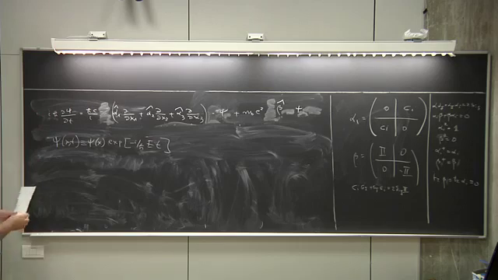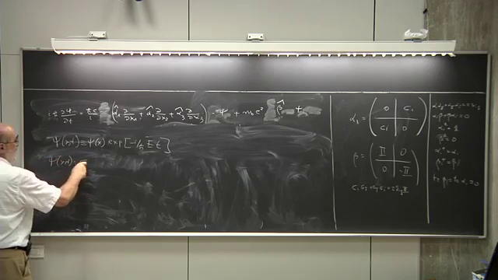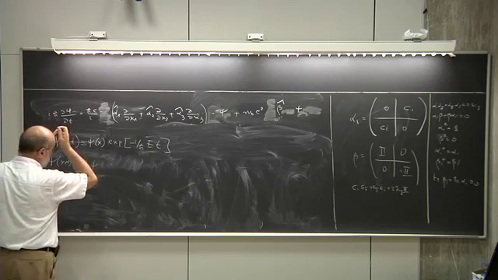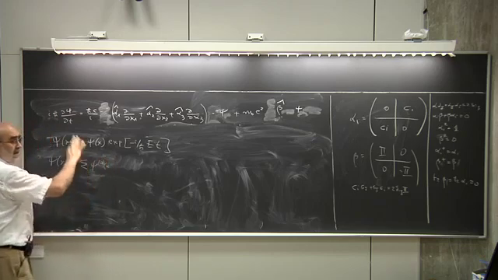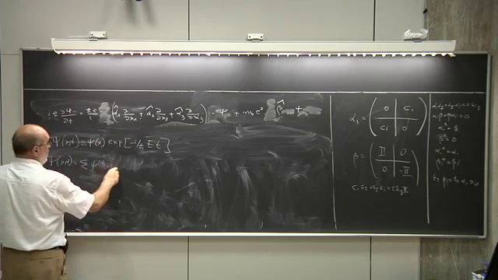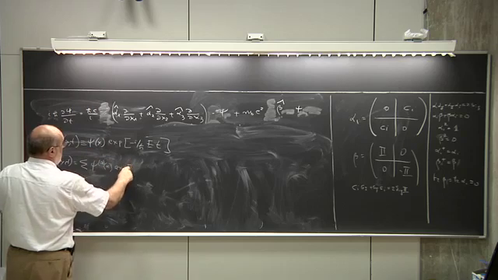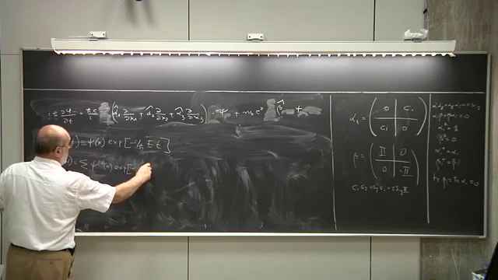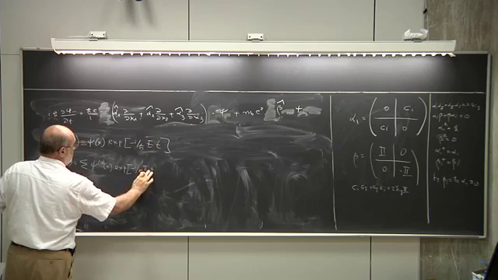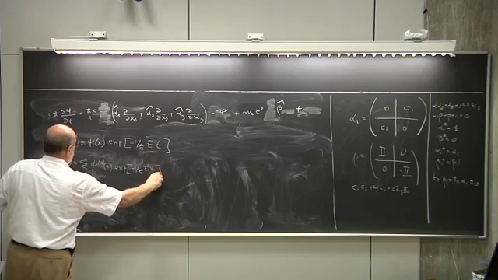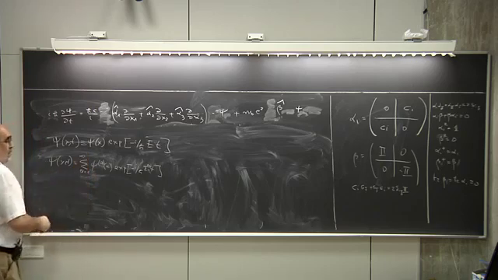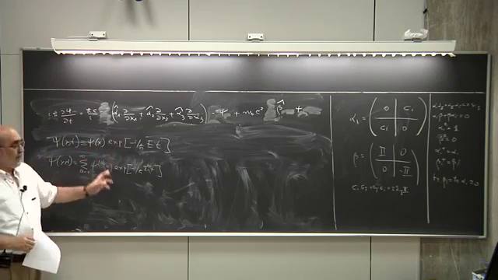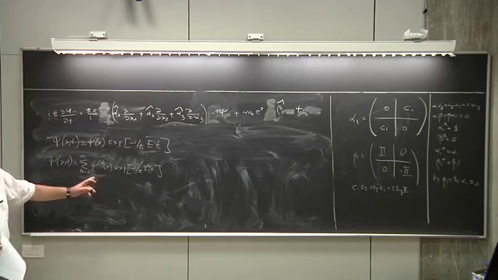So psi of x and t is a linear combination of psi_a, where a is not the index of the components, it's many different wave functions, times exponential of minus i E_a t over h bar. So the most general solution is a combination of this form.